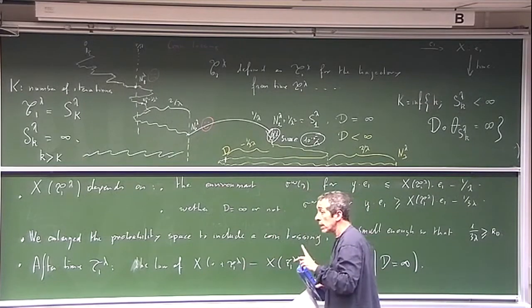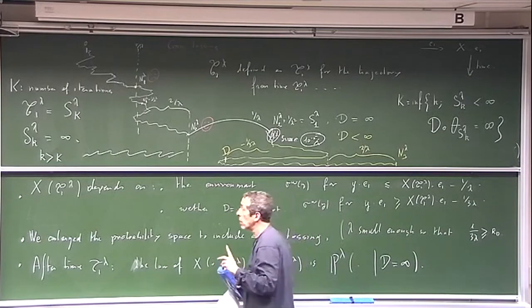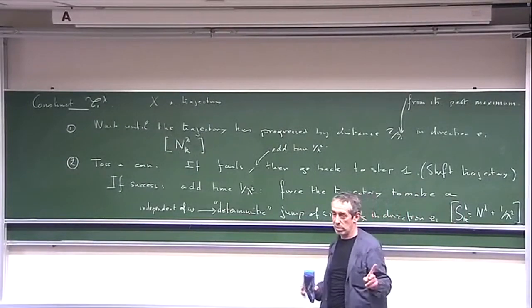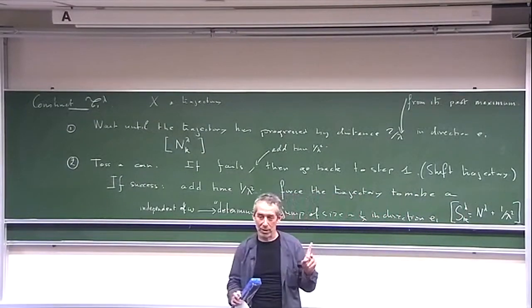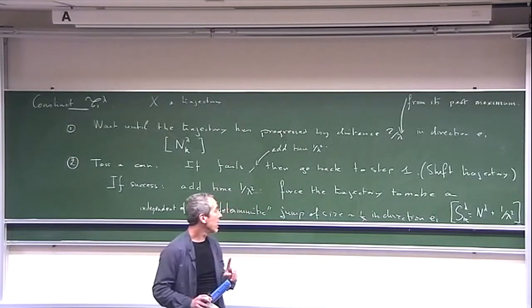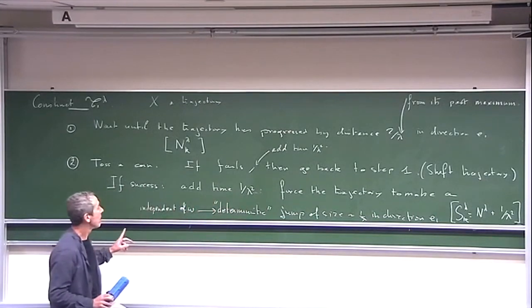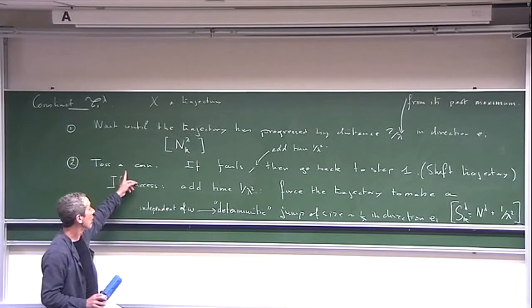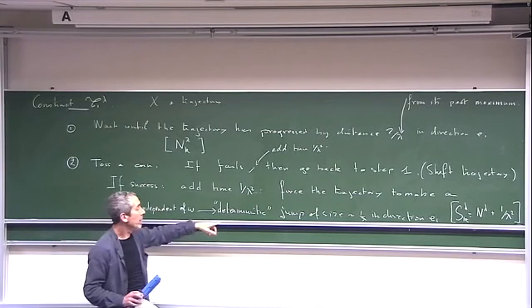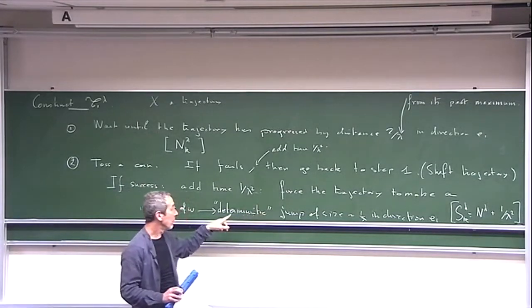But these deterministic jumps we will do in such a way that we don't destroy the law, that we keep the right law. There is one thing that should be explained in the algorithm, which is what exactly it means, how we force the trajectory to make a deterministic jump.